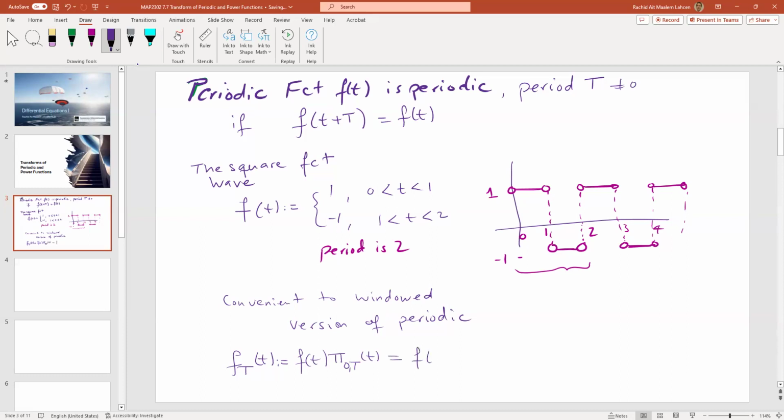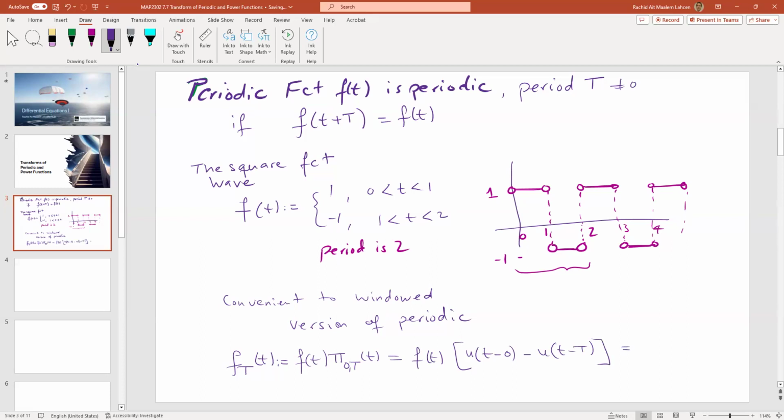It just means f of t times u of t minus 0, minus u of t minus capital T. Right?